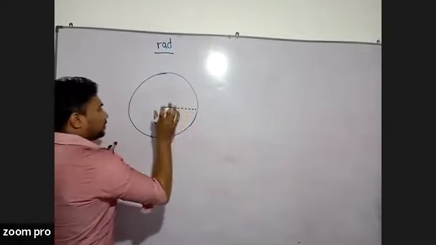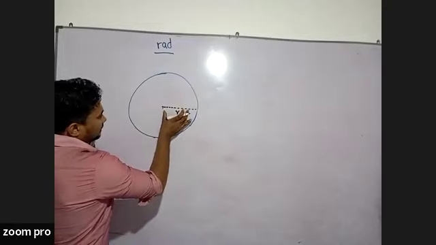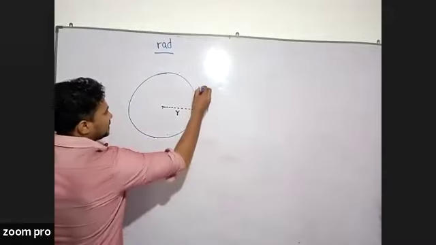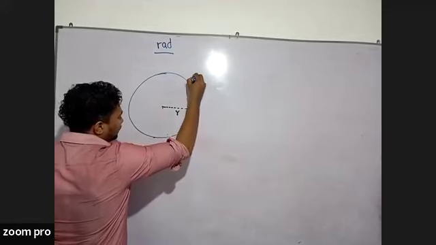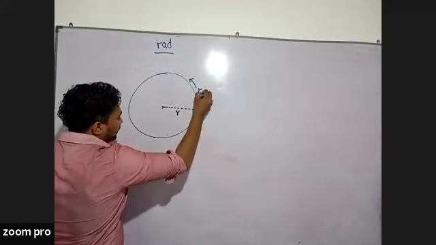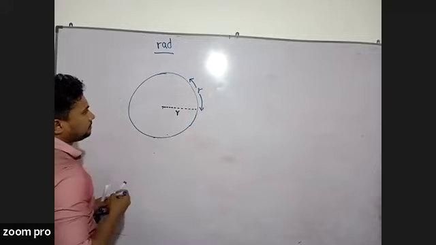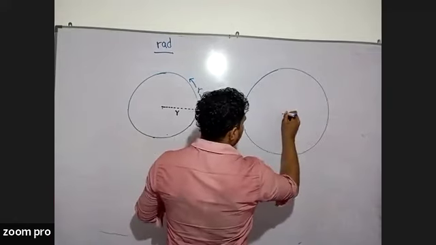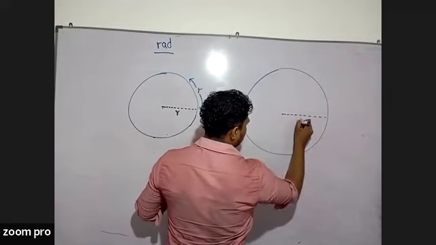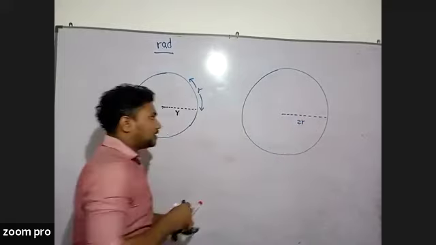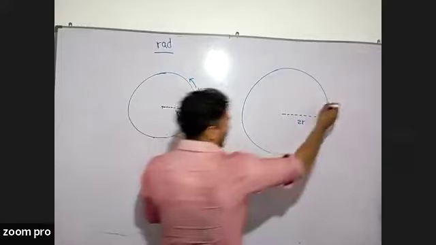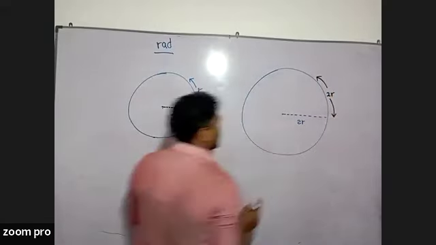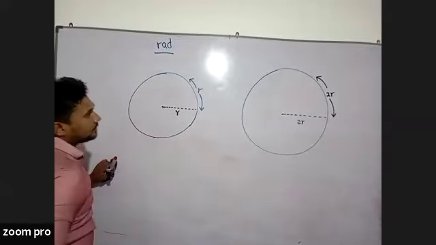As I mentioned, I'm selecting a circle with a radius of r. So if I consider an arc with length equal to the radius. Let's take another example: if I consider a circle with the radius of 2r, then I have to consider an arc with the length of 2r. This is the definition of the radian.